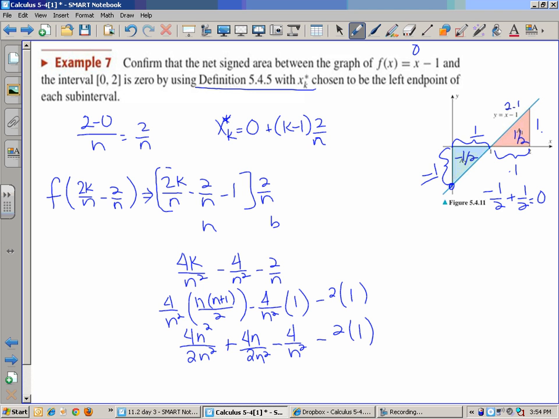The formula needed the n, so that's why I took it out. Now this goes to 0, and this goes to 0, and this becomes 2 minus 2, and you get 0. Where it was 2 over n, this formula is really 2 times 1 over n times 1.